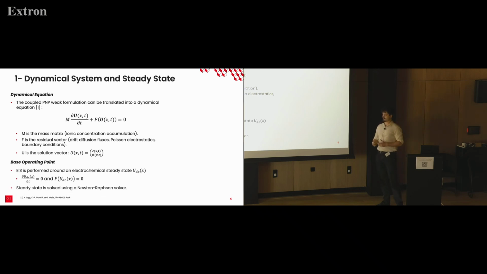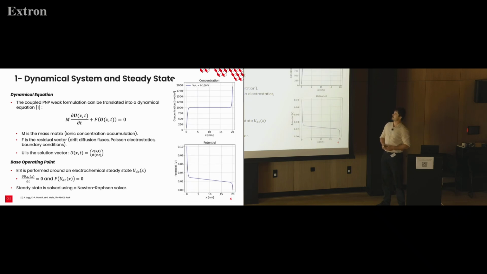Then we want to solve the steady states, which we can solve with a Newton-Raphson solver. So this is a simplified steady state. We have the concentration profile right here across the length of the electrolyte, and the potential profile across, again, the length of the electrolyte.